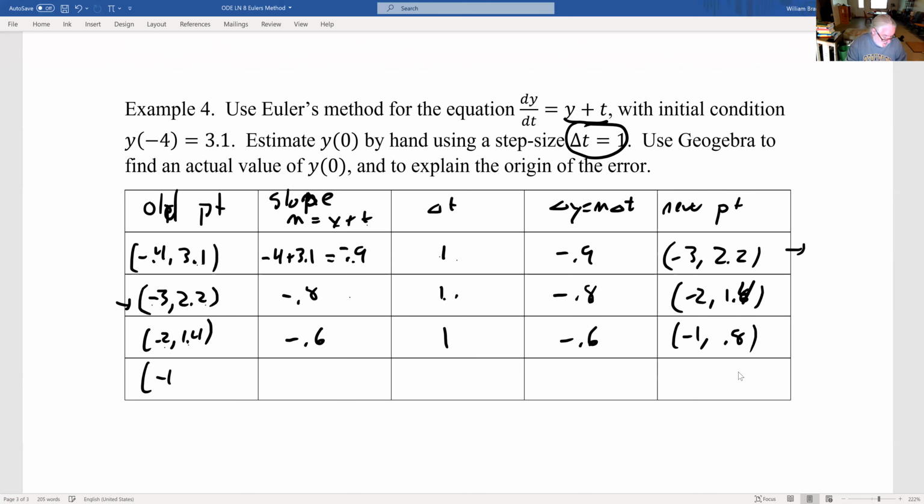So minus 1, comma 0.8 is our point. What's our slope there? Minus 1 plus 0.8 is minus 0.2. Delta t is 1. 1 times minus 0.2 gives me delta y as being minus 0.2. And then finally, we're at 0.6.